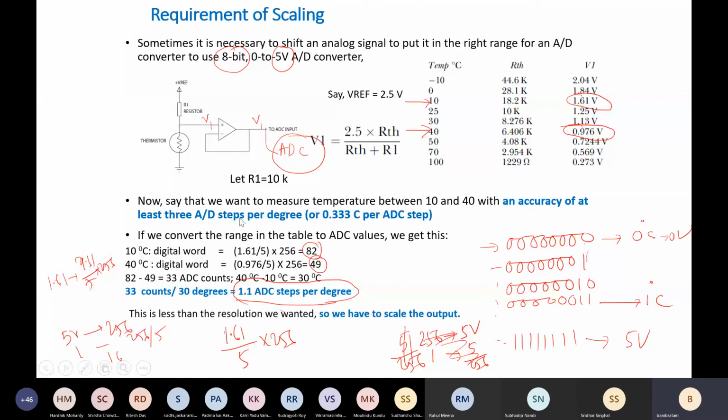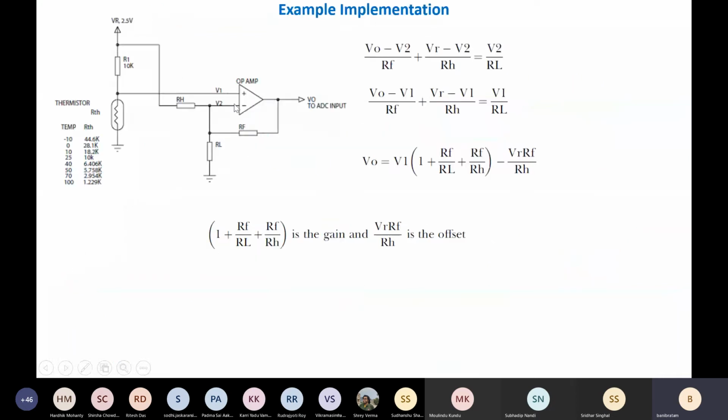But my requirement is 3 ADC steps per degree, which I am not able to get. So in order to get this, we need to add some additional circuits, and those circuits will typically look like this, where I need this voltage divider, then some signal conditioning circuit using an op-amp, and this op-amp will serve some purpose.